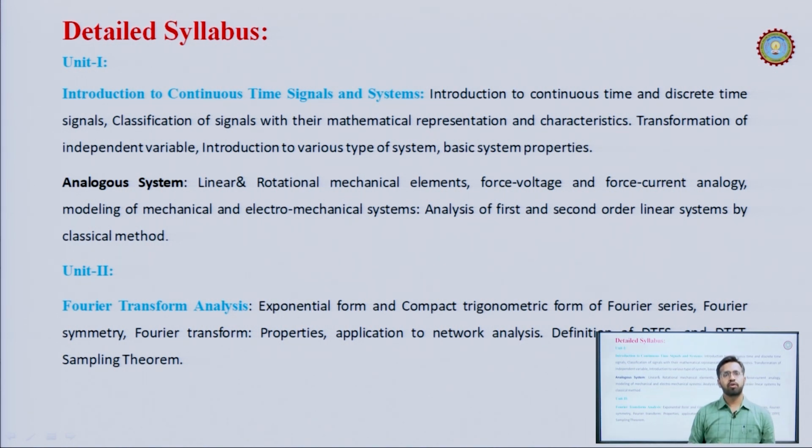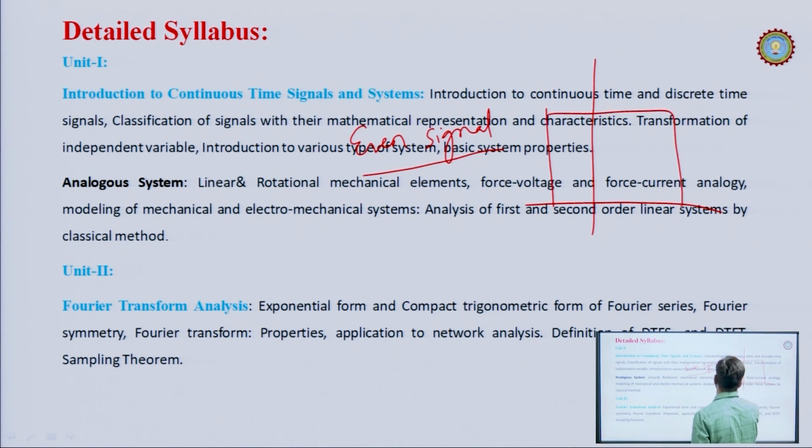Similarly, how are we going to represent an odd signal, and how will we represent an even signal? For example, suppose I take an example of an even signal and represent it in the form of a graph.